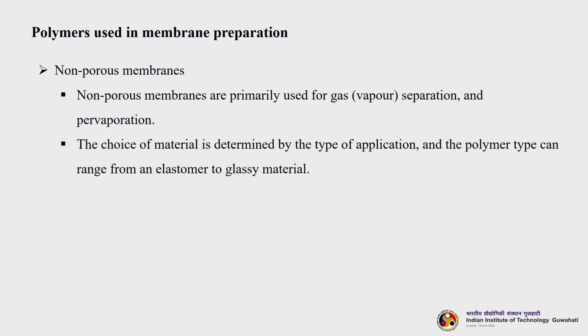There are many others also. These are some of the polymers which are commercially being used. And let us see non-porous membranes. Non-porous membranes are primarily used for gas separation and pervaporation. So, the choice of material is determined by the type of application, and the polymer type can range from an elastomer to glassy material.